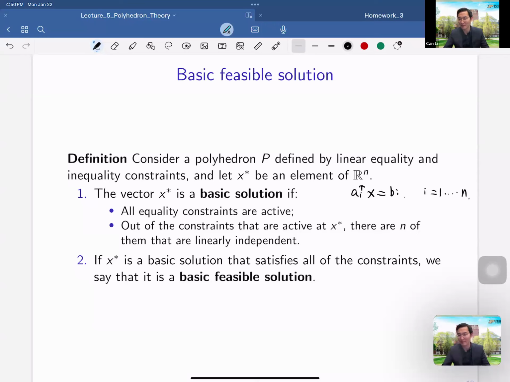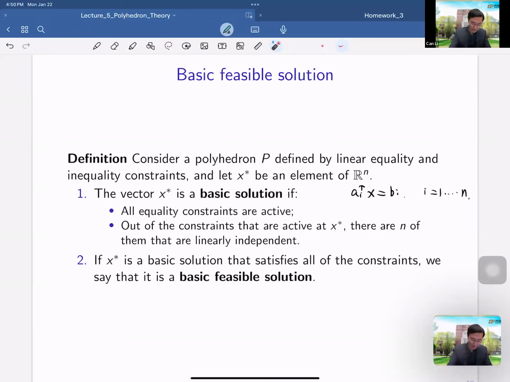You take the inverse of this matrix and multiply it by b. Okay, so that's the basic solution, right? Remember, in the basic solution, we are arbitrarily picking linearly independent constraints, and that does not guarantee that all the other linear inequality constraints we did not pick are satisfied.